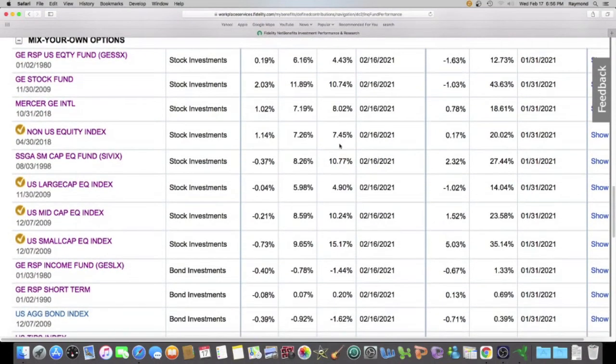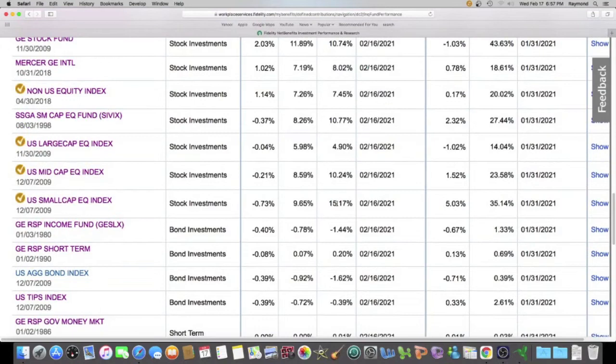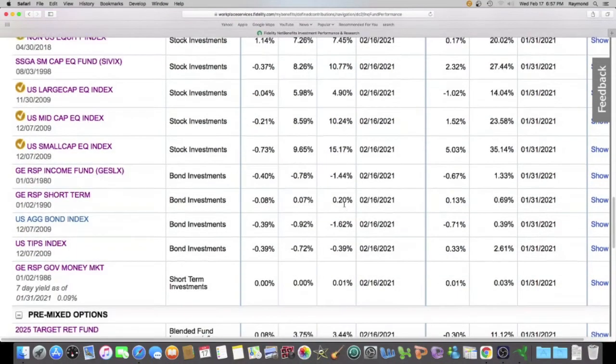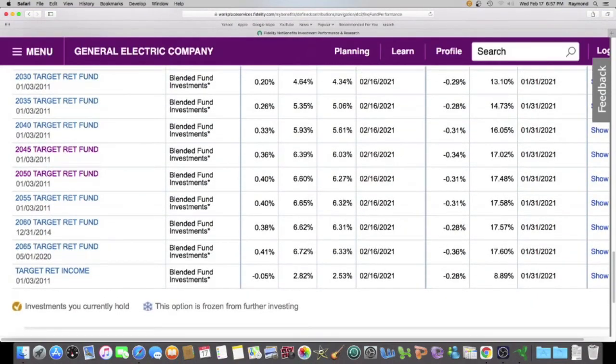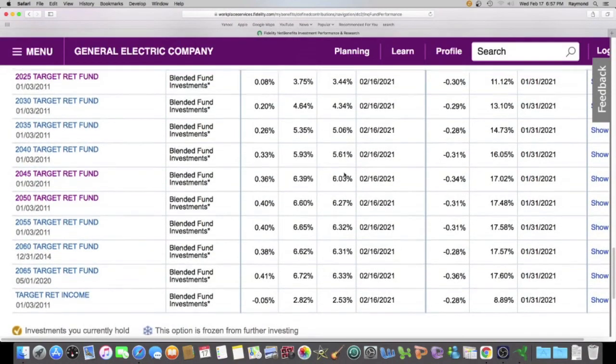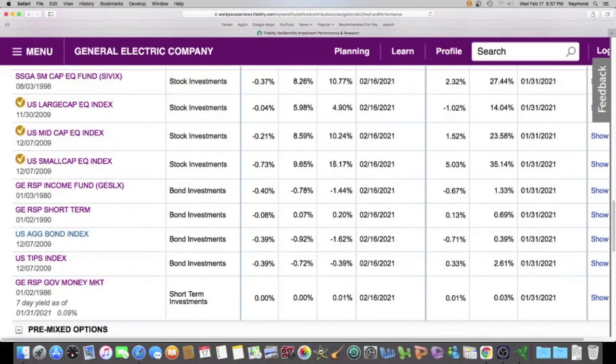And there's another big number that I'm not in. This small cap fund, this is at 10.77. But this one, I believe this is the largest number in this entire column, and luckily I'm invested in it. So this is 15.17. Let's go down. Yeah, we don't see anything over 7 down here. So I am actually invested in one of the highest returning funds.